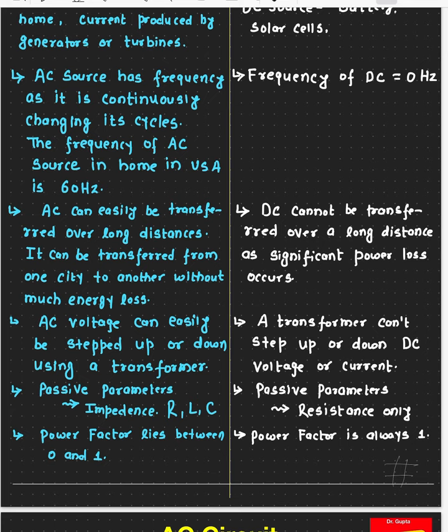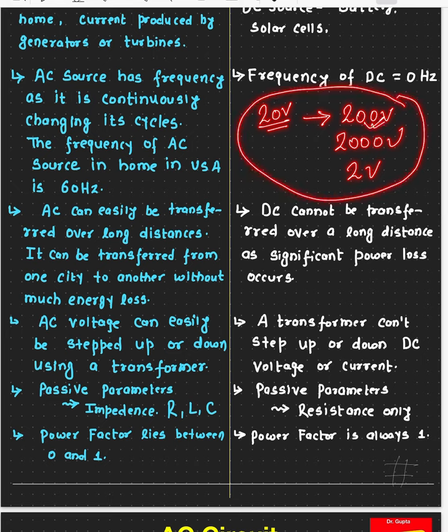And another very significant difference between AC and DC is that AC can easily be stepped up or stepped down. For example, if you have an AC source of 20 volts, then using a transformer, you can easily convert it to 200 volts or even 2000 volts, or you can convert it to 2 volts. So it can be stepped up or stepped down.